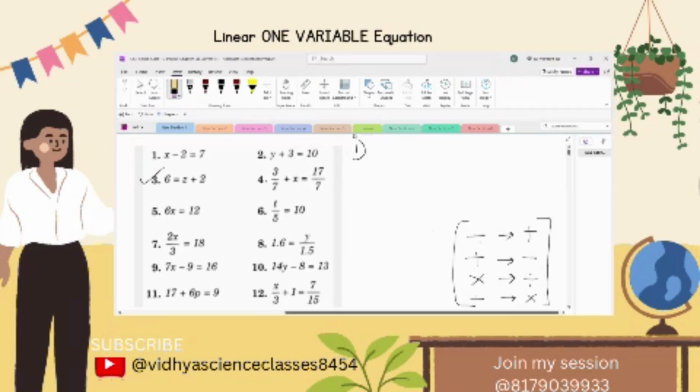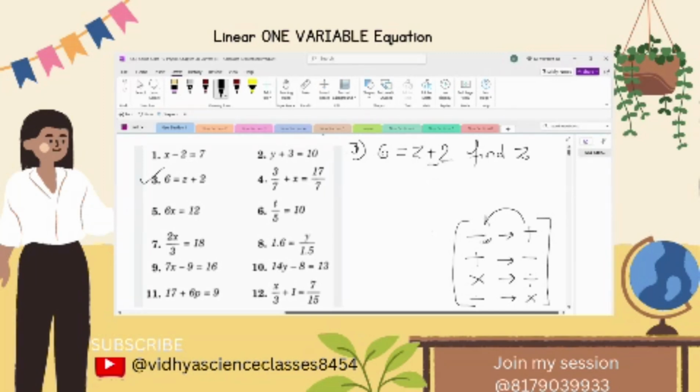See here. Question number 3. 6 is equal to z plus 2, right? Find the value of z. What I said? If the plus sign is there, it will go to the other side and become minus.